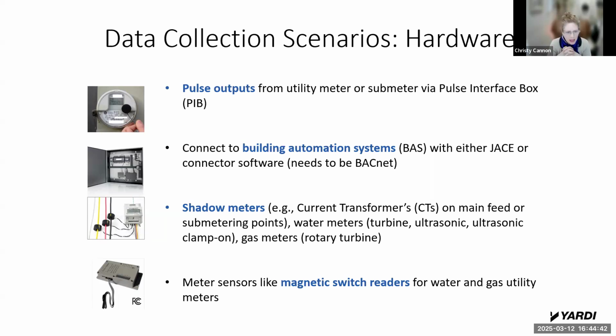We do a ton of shadow meters. And one of the things that's driving the need to submeter so much is building performance standards. I'm sure you all have heard of them. We first started with Energy Star benchmarking that was required in some municipalities and counties and states. Now that's going a step farther. We call that beyond benchmarking because Energy Star Portfolio Manager is still a system of record.